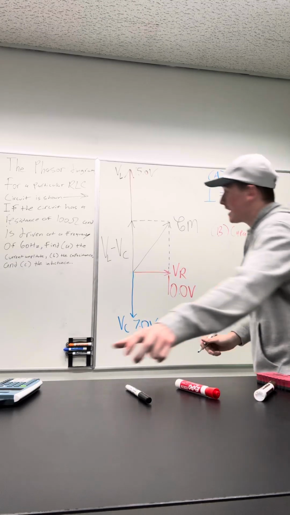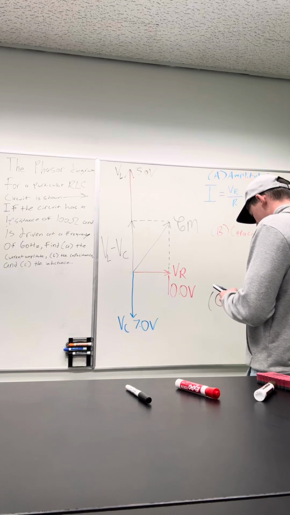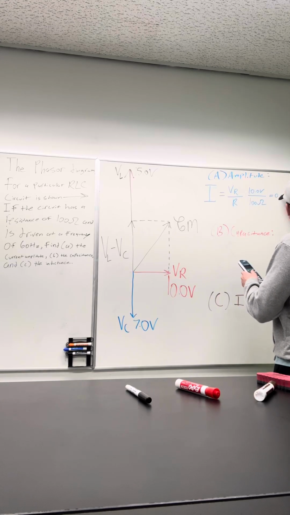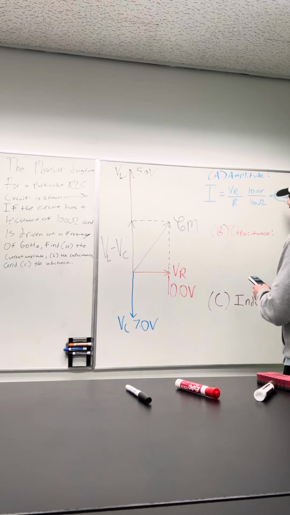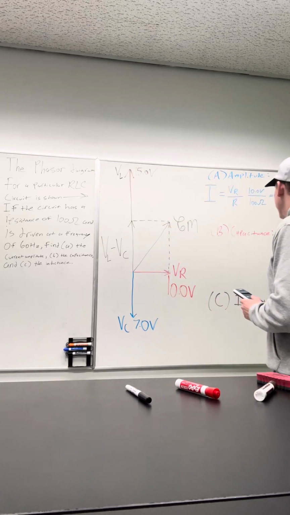When we plug that into the calculator, we should get 0.100 amps. That is our current amplitude for the whole circuit.